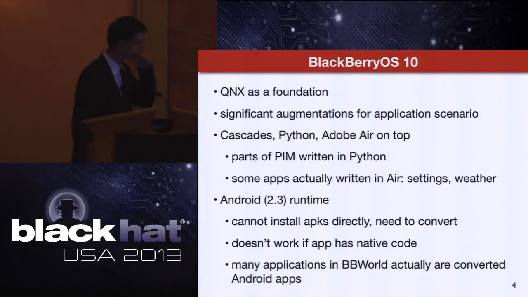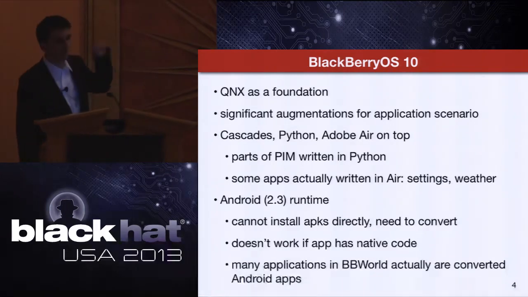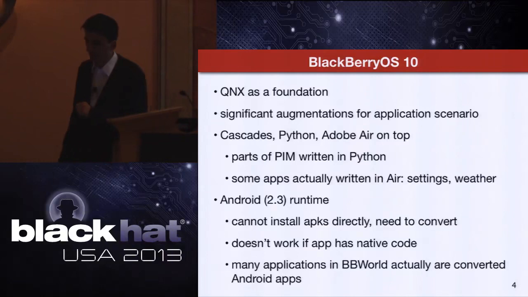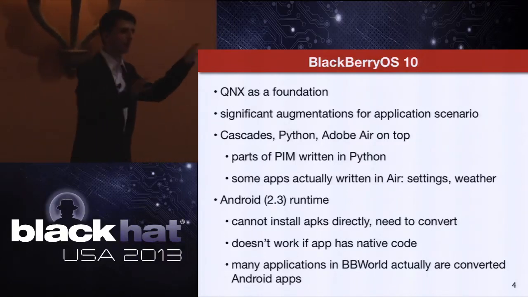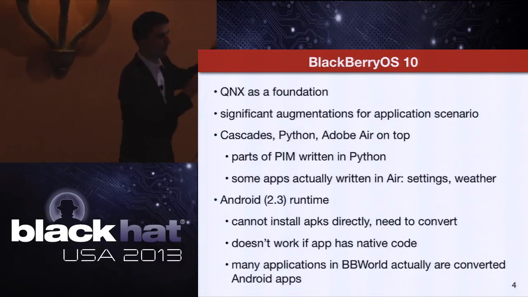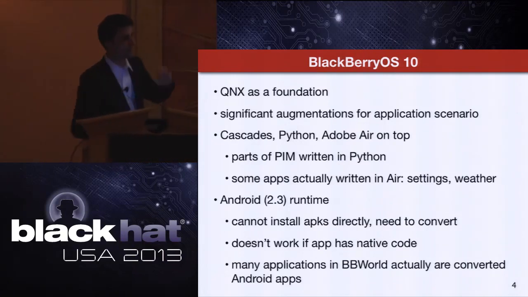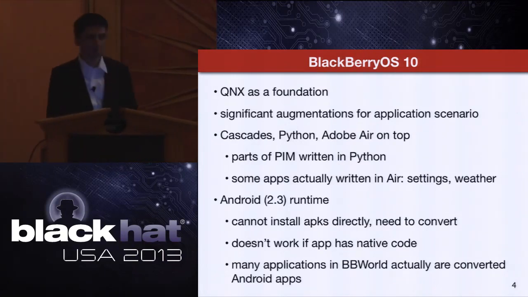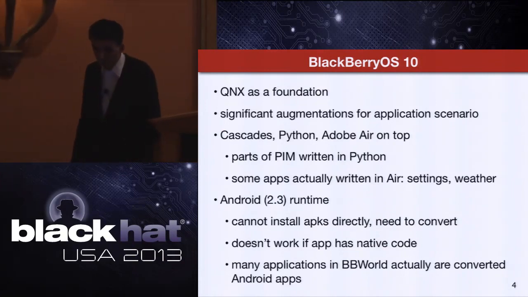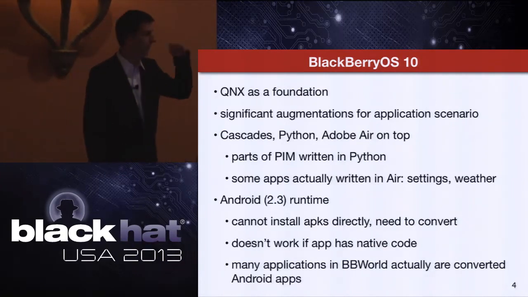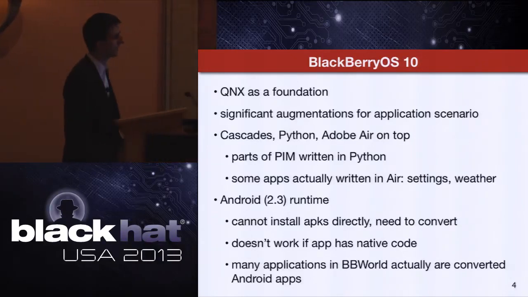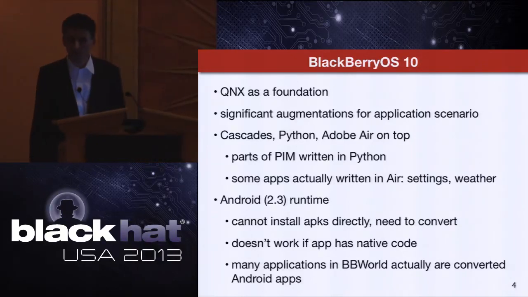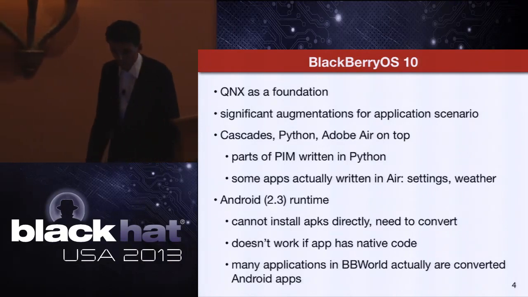So there are parts of the personal information manager that are written in Python. So you have a mix of Python, Qt stuff, and Adobe Air applications running on the operating system. For instance, the settings application and the weather application are written in Air, as I think is the engineering screen, which we'll go into later.